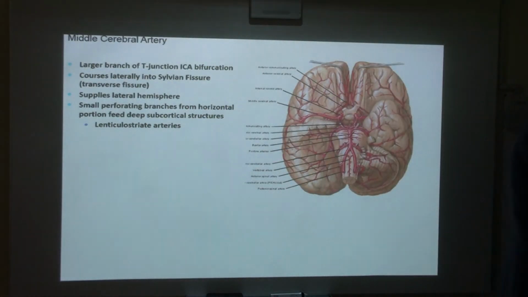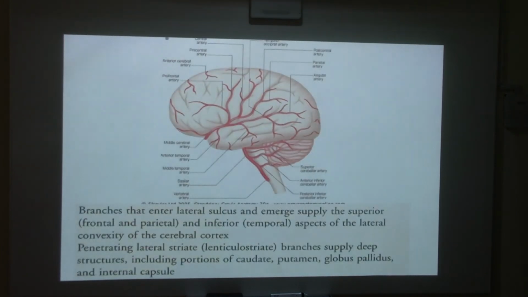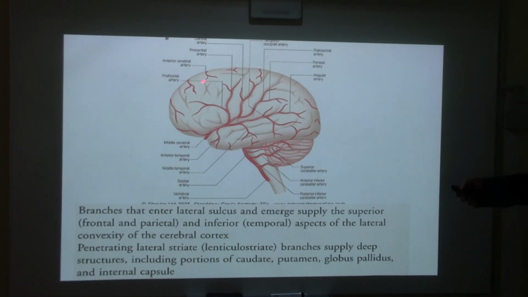So how it's going to reach the lateral surface of the cerebral cortex? It's going to go from internal carotid, middle cerebral, lateral fissure to the lateral surface of the brain, like this. So you could see it coming from the lateral Sylvius fissure to the lateral surface of the brain.